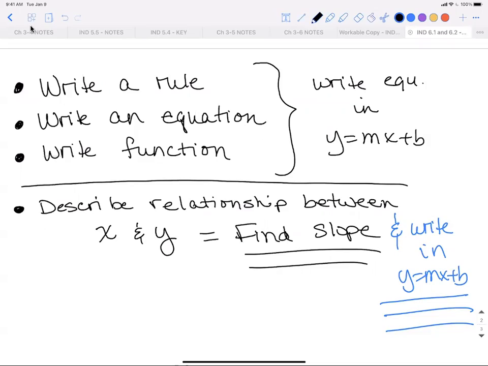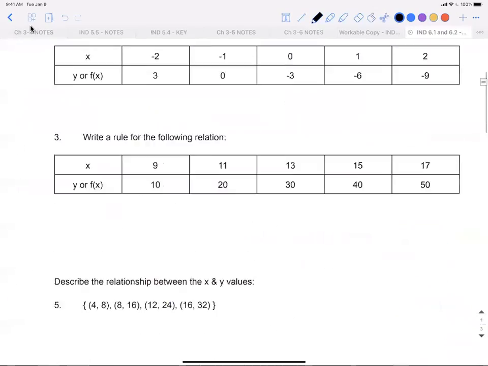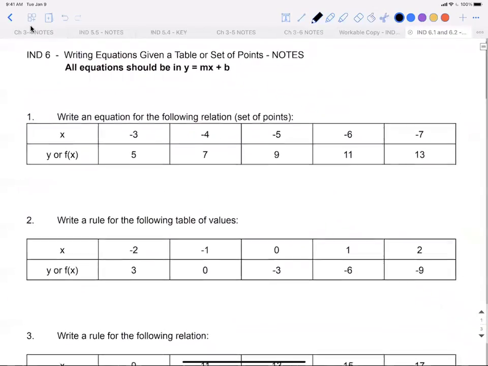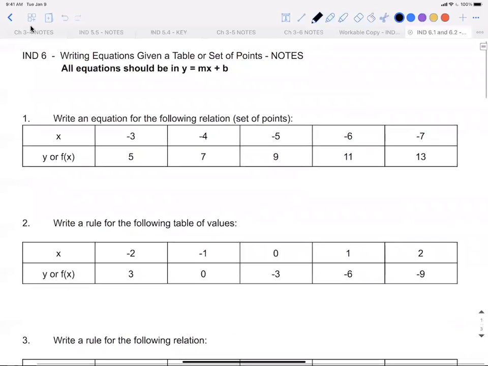Okay. So let's look at what it looks like when it's in a table. So we'll do this first example here. And a table is called a relation or a set of points. And it's just a different way to deliver a bunch of ordered pairs, right?